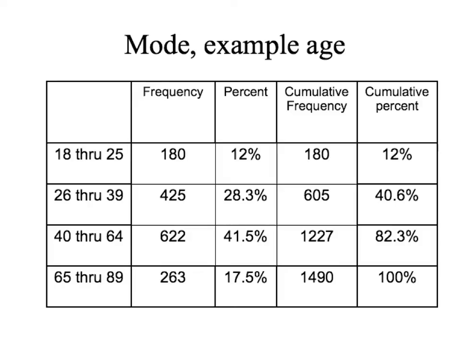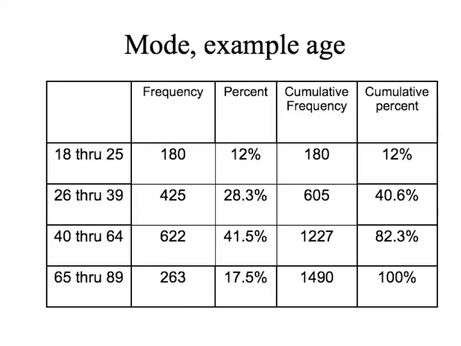So let's start with the mode. The mode is the category with the highest response rate, or the category that has the highest frequency. To determine the mode, you're simply looking for the answer that was given the most often. In a frequency distribution, you go to the frequency column and scroll down until you find the category with the highest number.